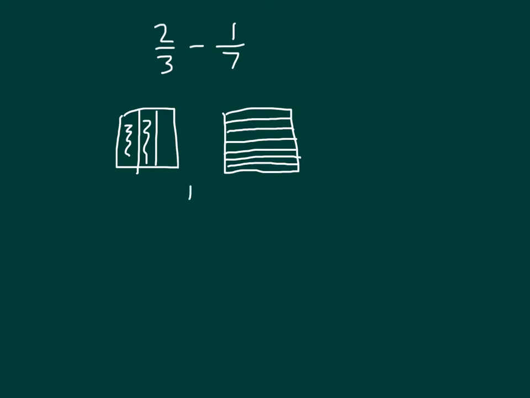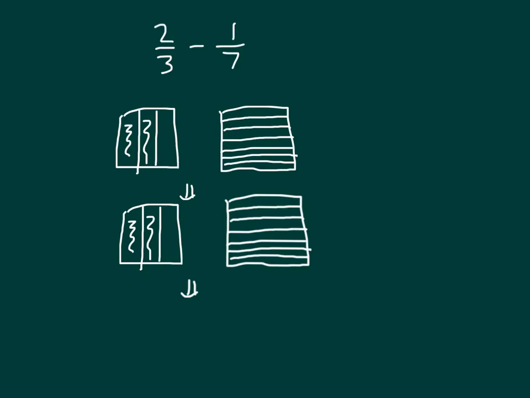We need equivalent fractions. So I copied those over, and again we were only looking at one of these 7ths, and I didn't shade it in yet, so I'll shade that in first. This is 1/7, and here we are looking at 2/3.